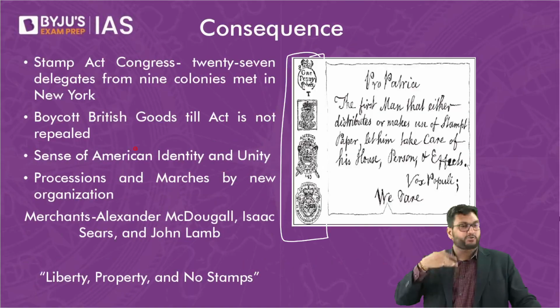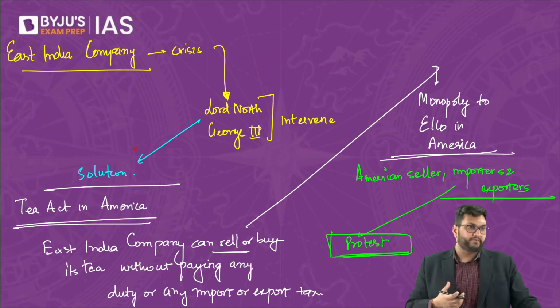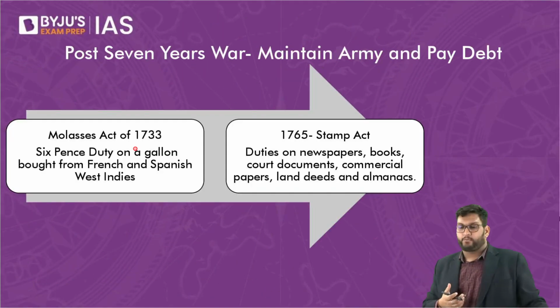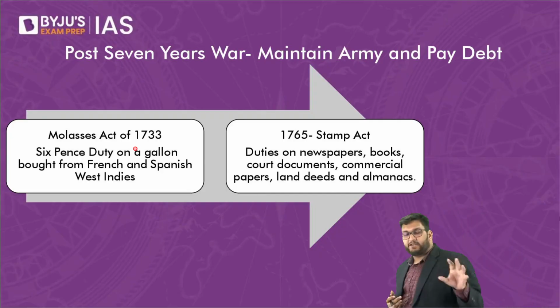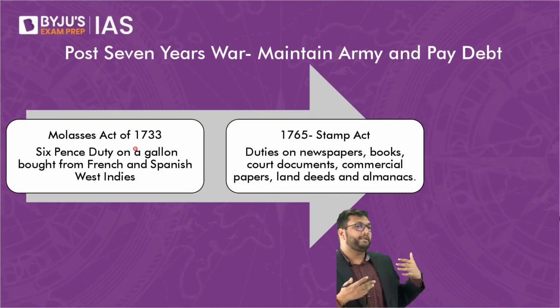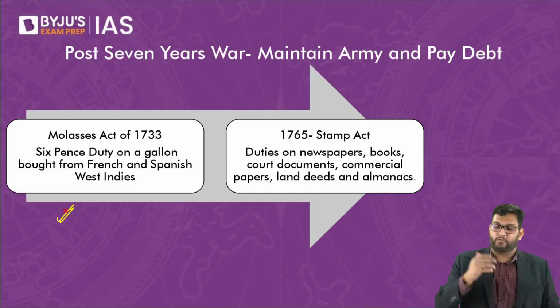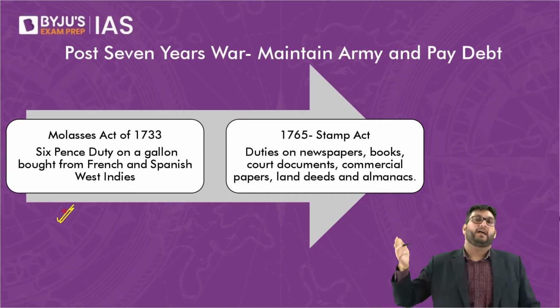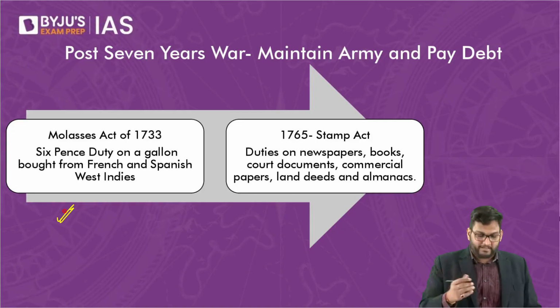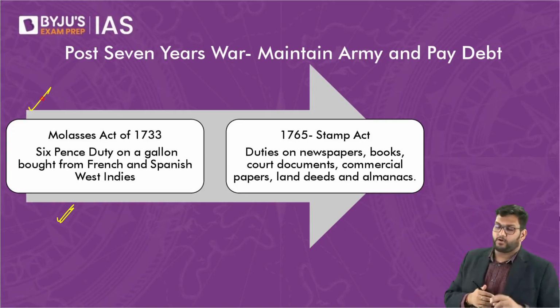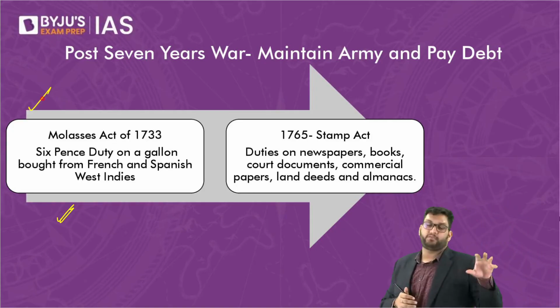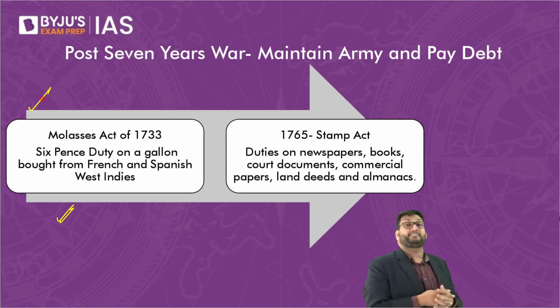So just to repeat what we've done, the simple straightforward point is, post Seven Years' War, there was a bigger debt which the Britishers had. So they first amend the Molasses Act of 1733, and they tried to introduce an amendment through which 6 pence duty on gallon bought from the French and the Spanish.